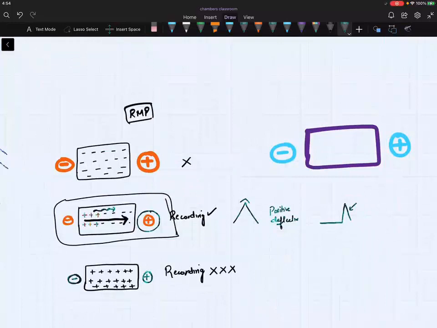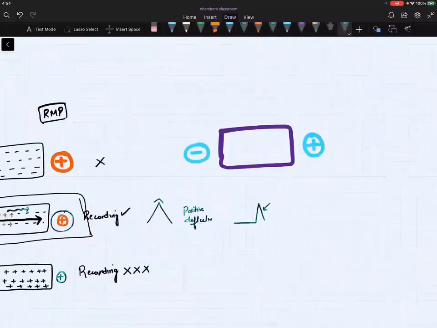Clear? So think yourself. I think this is the best example. Think that you are applying a camera on this cell. You have a camera on the cell. So this is your camera.